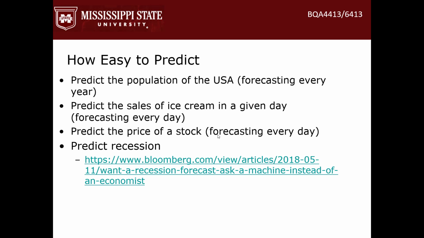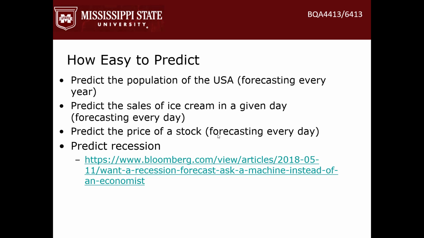Somebody from a pure finance background will tell you that that's impossible because the price of a stock is a random walk. Other people might disagree with that, but we'll leave that discussion to the finance class. But whatever its feasibility, forecasting the price of a stock is still going to be a very difficult problem.